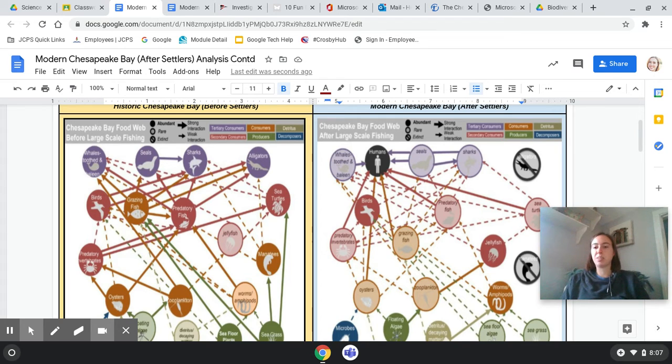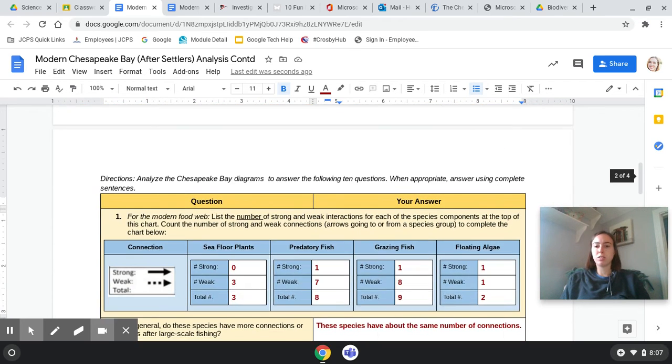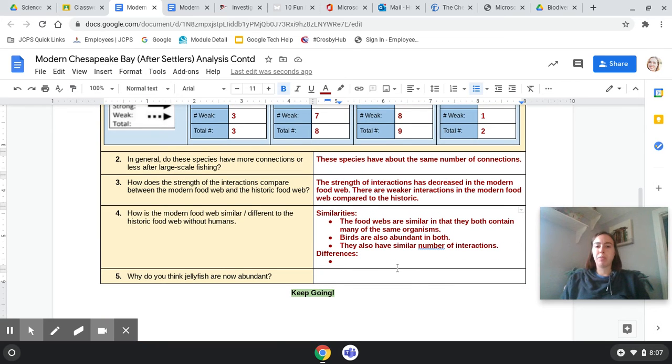Another difference that I see between them is the strength of the interactions. In the historic food web, many of the interactions were strong, noted by their solid, bold arrows, compared to the modern food web, many interactions are weak, shown by their dotted line arrows. So I will put in those two differences as my answer.